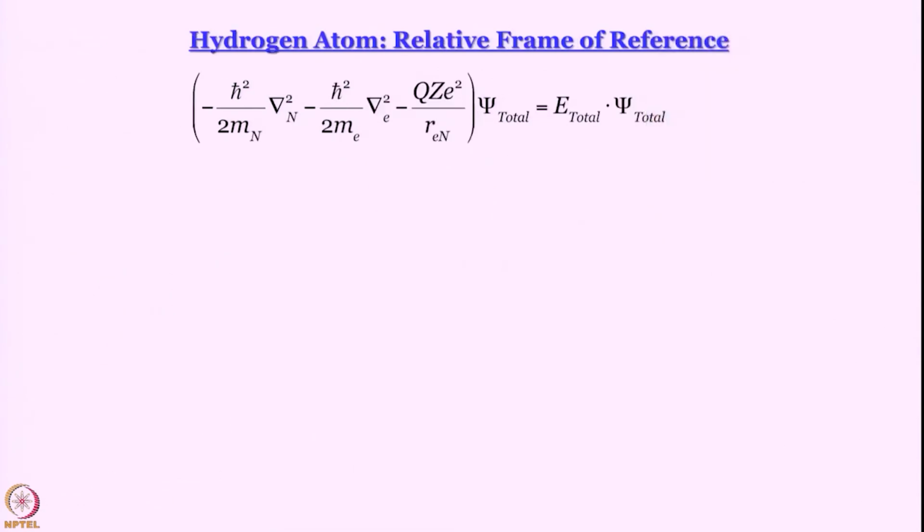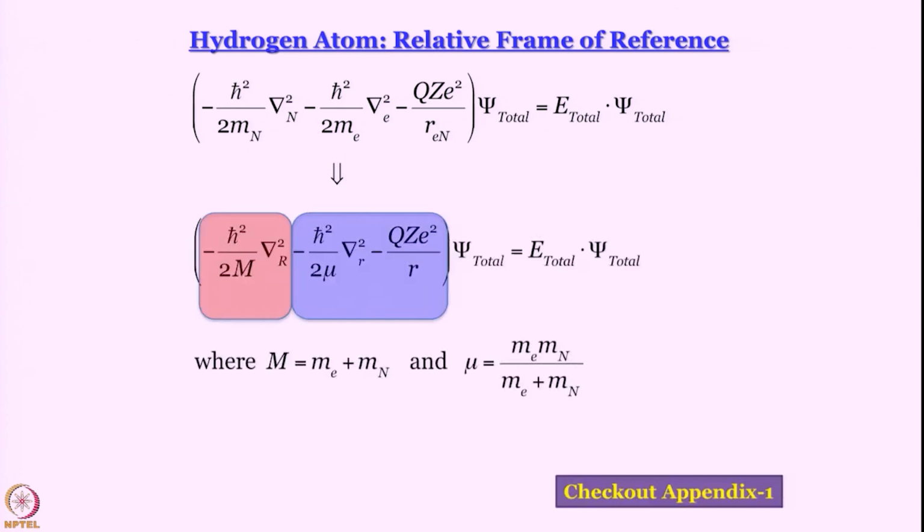Just believe me when I say that when I write the Schrodinger equation for the hydrogen atom in a relative frame of reference, first of all I get two equations, one in terms of the center of mass coordinate and one in terms of the relative coordinate.